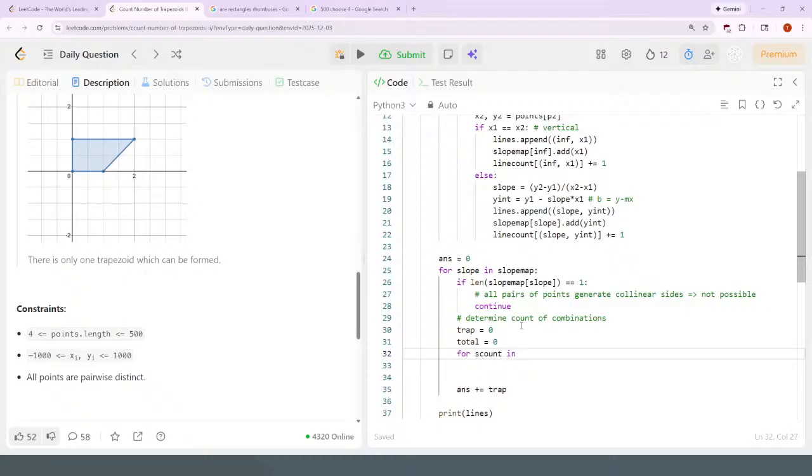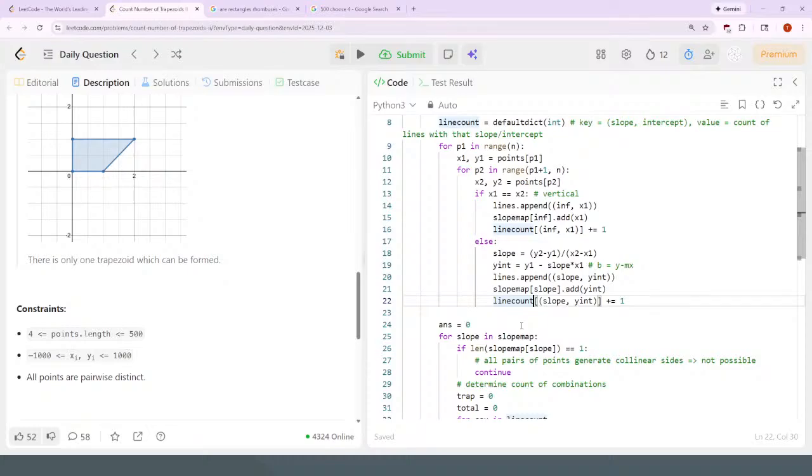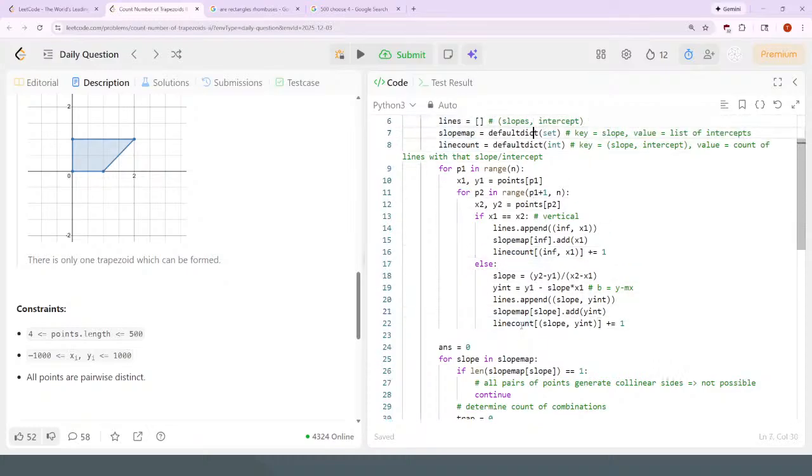In every side count in the line count, or I guess every line. No. I guess there should be line counts because each of these is a count. Yes, yeah, okay.